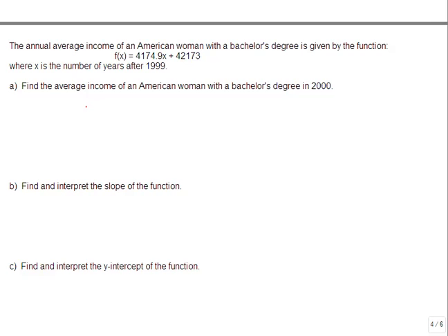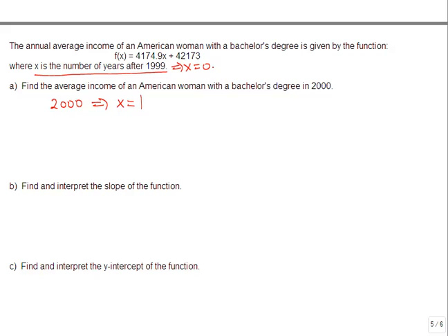So if we want to know what's happening in the year 2000, what does that mean? Remember that x was the number of years after 1999. So the year 2000 is 1 year later than 1999. So that would imply that we want to look at what happens when x is 1. When x is 0, that's 1999.